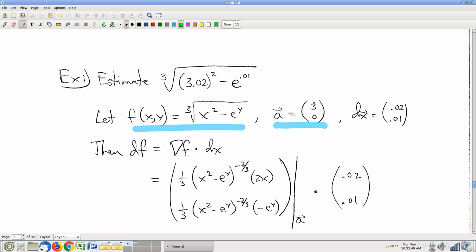If you plugged this value in for x, and this value in for y, pretty close. It's not quite. I mean, it's supposed to be 3.02, not even 3, and it's supposed to be 0.01 instead of flat 0, right? But those values are not that far off.